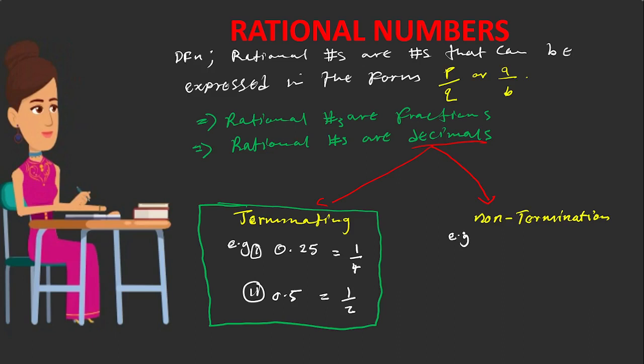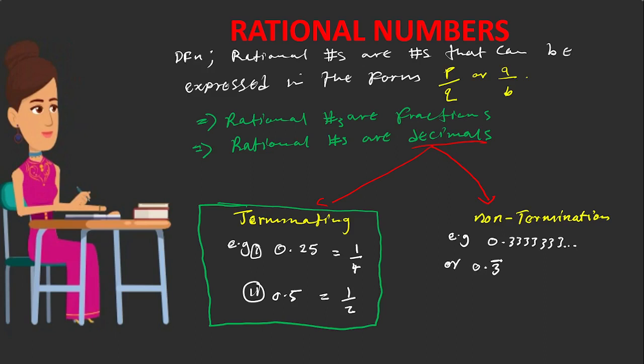A very good example I can give is 0.3333333... I put three dots to show that this decimal keeps on repeating itself. This can be written as 0.3 with a bar on top.